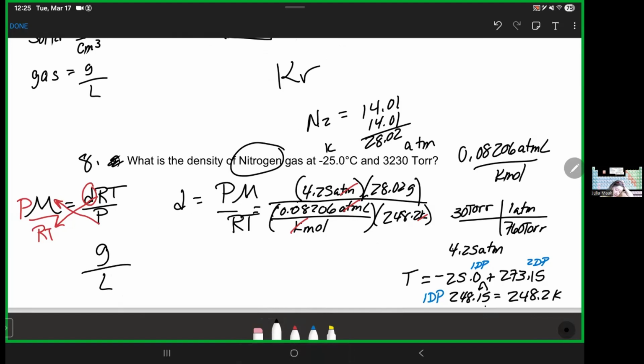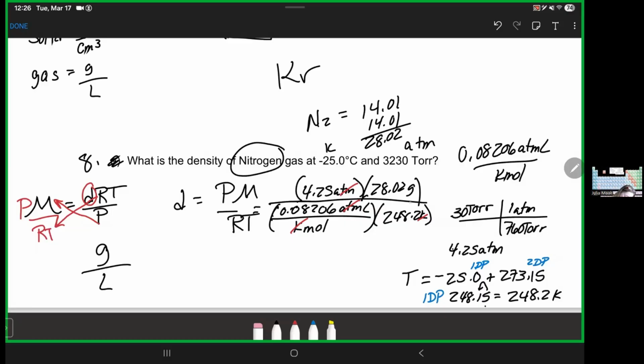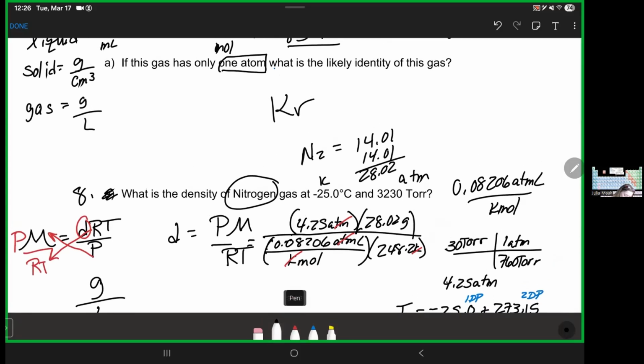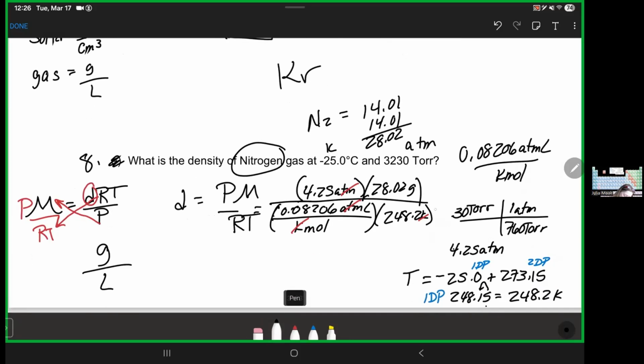I don't know where my mole canceled. There it is. This 28.02 is grams per mole, so there is a mole on the bottom that cancels that mole. In the end, we're left with grams per liter, which is what density is.